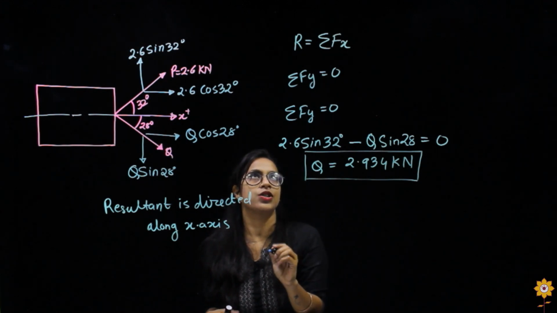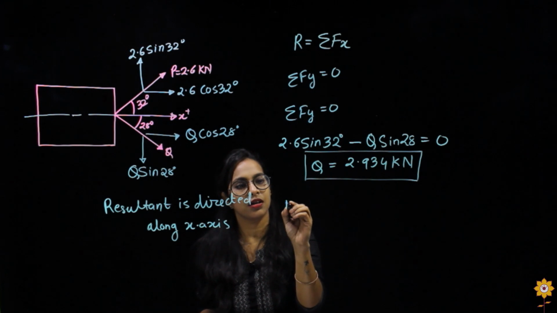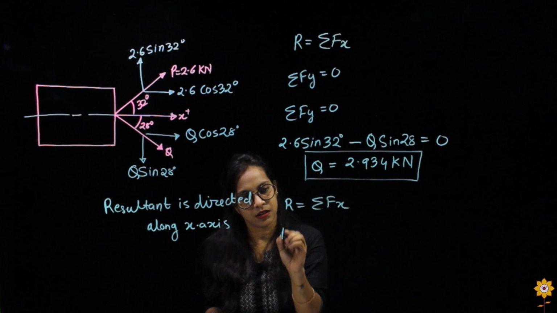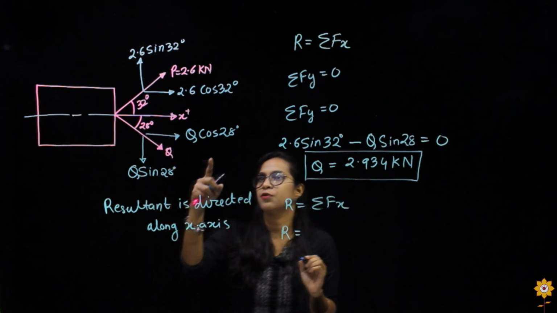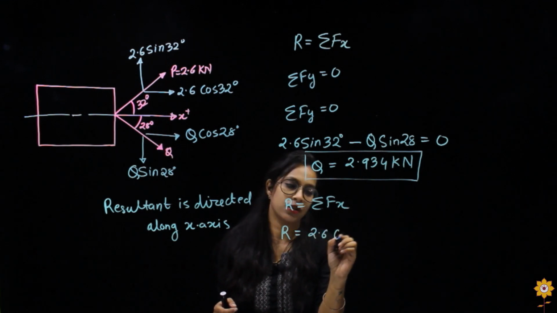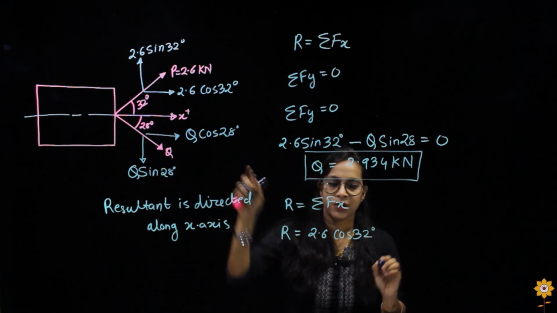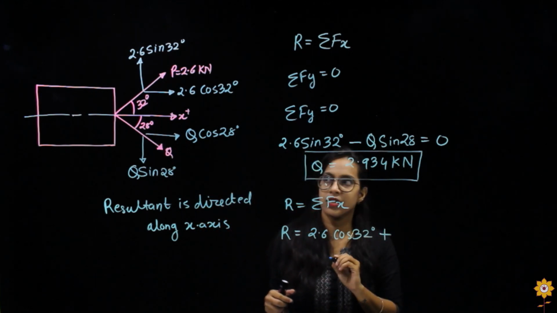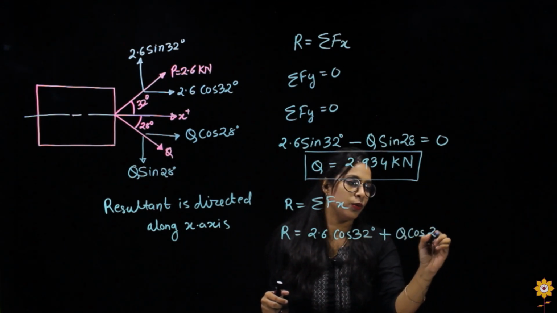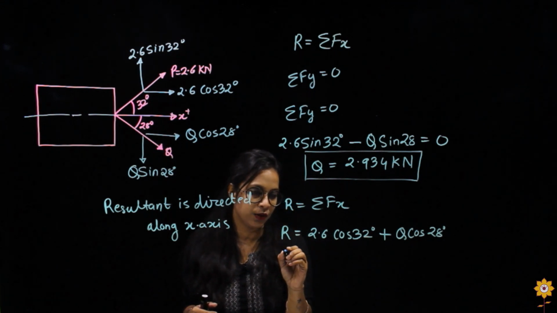And our next equation is R is equal to F of x. R is equal to all the forces in the x direction. So it is 2.6 cos 32 degrees. Also this force is in the positive direction, so plus Q cos 28 degrees.